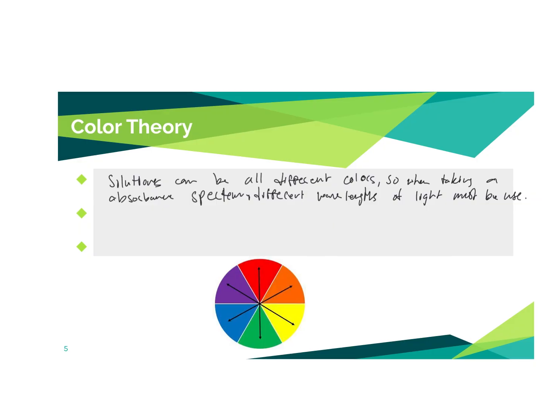Now, something we need to remember is that, for example, if a solution appears red, so as in if you look at a solution and it's red in color, that means it reflects red light but absorbs all other light.